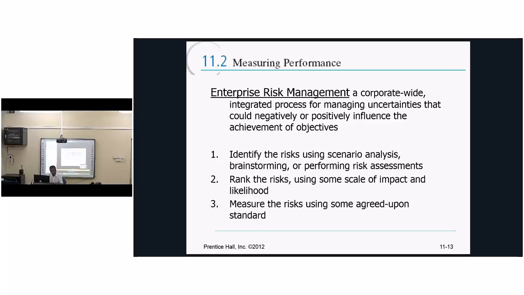Some risks you are aware of, and some risks you don't know what's going to happen. So one aspect of performance management is how good you are at identifying the risks that are associated with the business, and how good you are at planning to mitigate them. That is what is meant by enterprise risk management.